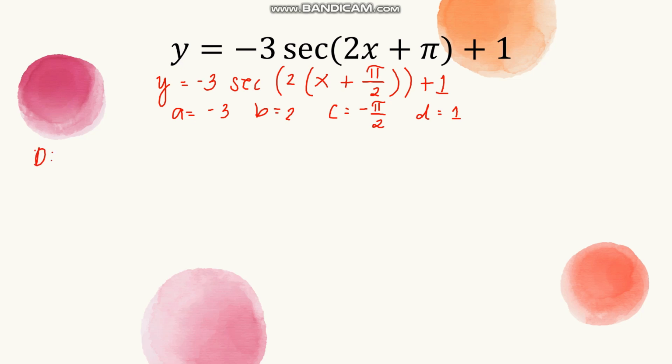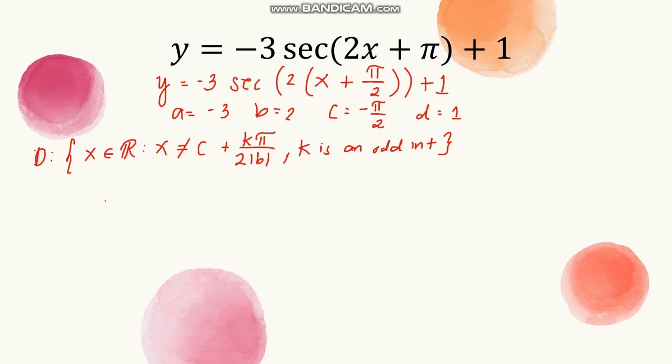Now solve for the domain. Since this one is secant, we will be using the formula for secant, that is this one right here, wherein we have 2 on the denominator, and k is an odd integer. Substitute the values. x is an element of real numbers such that x is not equal to, and our c is negative pi over 2, plus, for the denominator, 2 times absolute value of b. b is 2 as well.